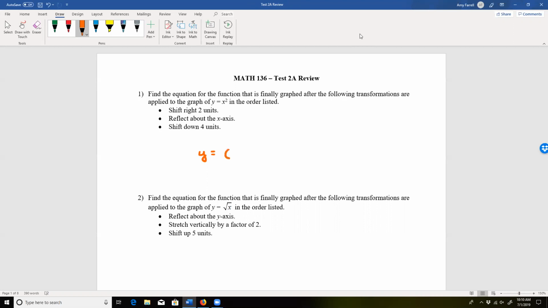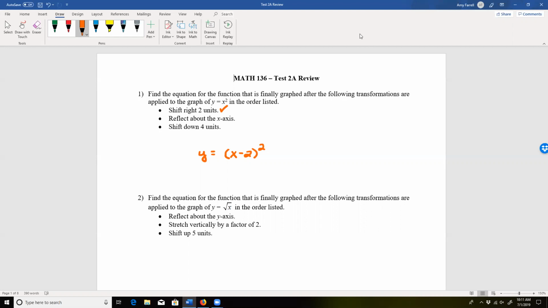Now we don't have grouping symbols, so we'll make our own. If I write x minus 2 inside parentheses and I square that, that will shift this graph right 2. Okay, so I've done that. And like I said, this is counterintuitive. Right, we subtract 2. Left, we'd add 2.